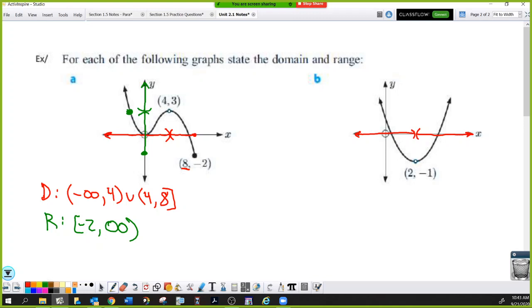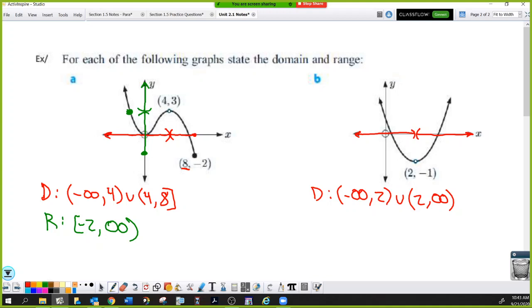Now, because this thing is a function, that domain does not include the number x equals 2. So that domain would be negative infinity, because that's far left, up to the x value of 2, hop over it, and then go from 2 to infinity.